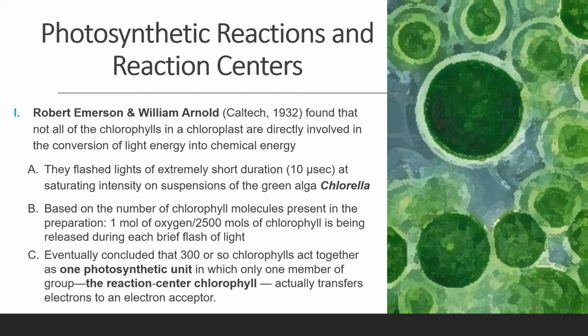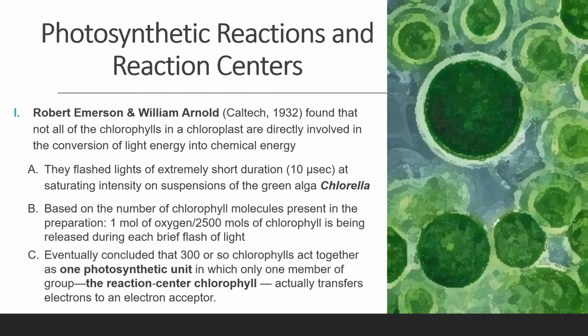So next, let's go to the photosynthetic reactions and reaction centers. In 1932, Emerson and William Arnold of the California Institute of Technology carried out an experiment suggesting that not all of the chlorophyll molecules in chloroplasts were directly involved in the conversion of light energy into chemical energy.